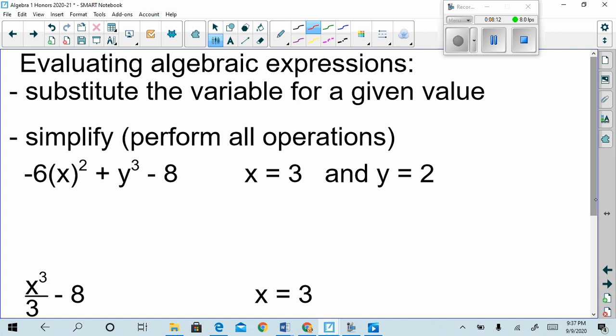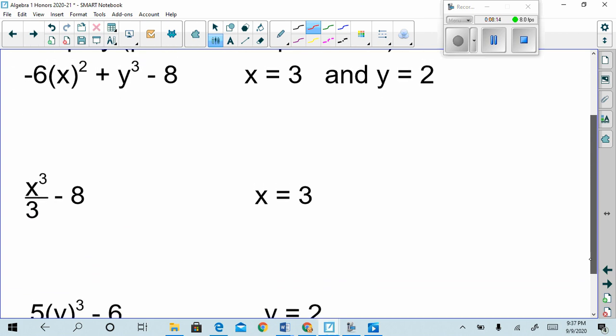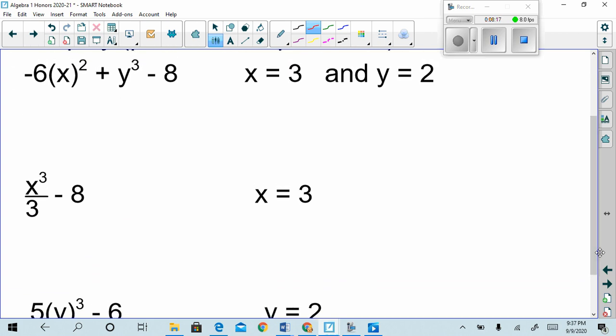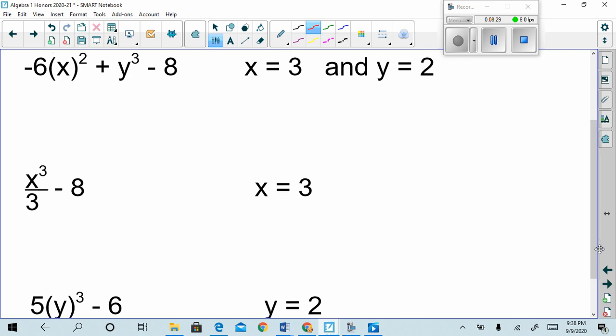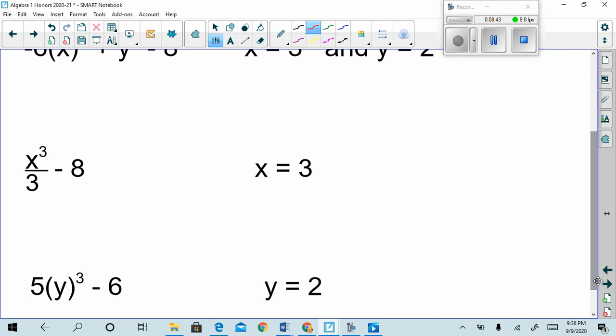Once again, pause and try these couple right here. I will be doing these step by step in class with your assistance.